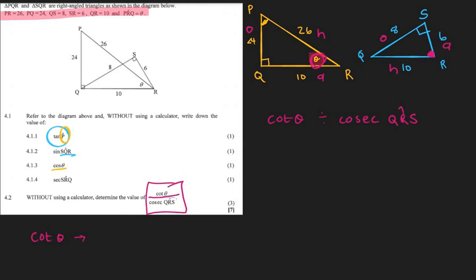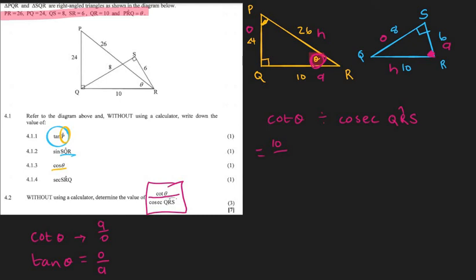So let's quickly see, what is tan theta? Tan theta is opposite over adjacent, so cot is going to be adjacent over opposite.